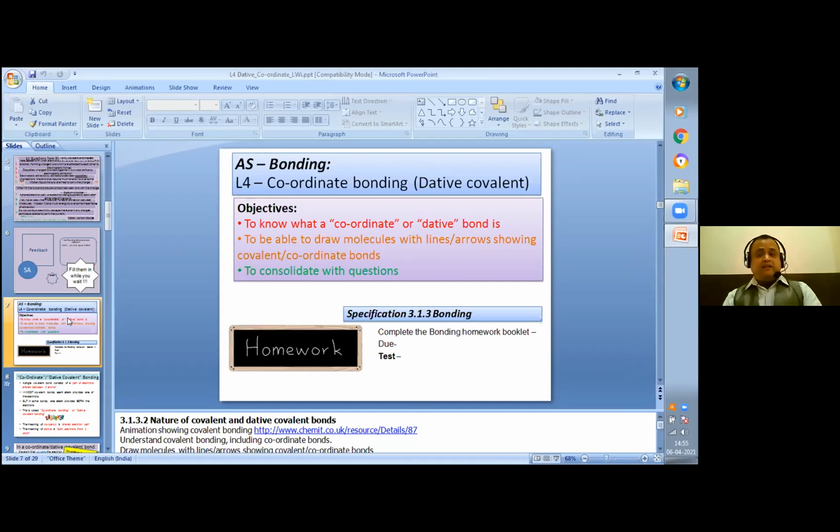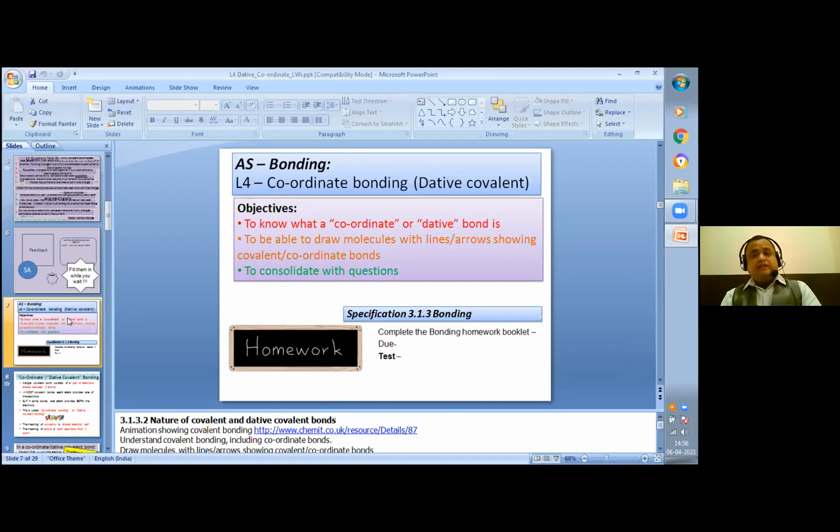But we are discussing here a coordinate bond. So what is a coordinate bond? Before that, I want to let you know again what a covalent bond is and why it is formed. Actually, a covalent bond is found between like atoms, which are both electronegative by nature. They don't want to lose electrons from their outermost shell. They want to share either one, two or three pairs of electrons between them.